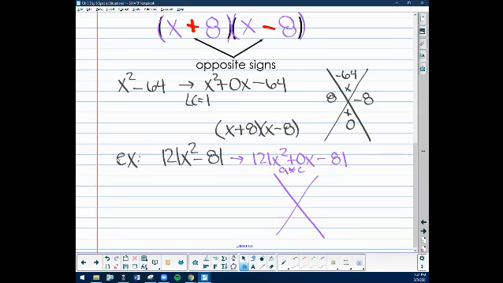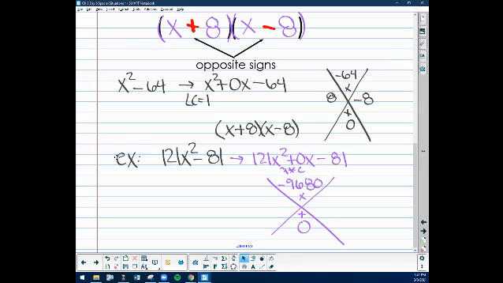I don't even have enough room in here to write it. It's negative 9,680. That's what we would need to multiply to and add to 0. I don't know about you, but I don't want to have to list all of the factors of negative 9,680. So that's why it's nice for us to use the shortcut.